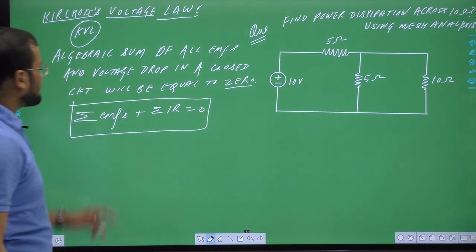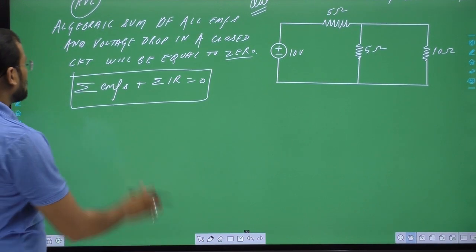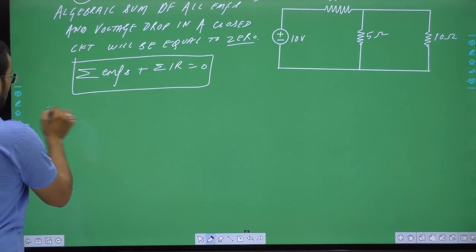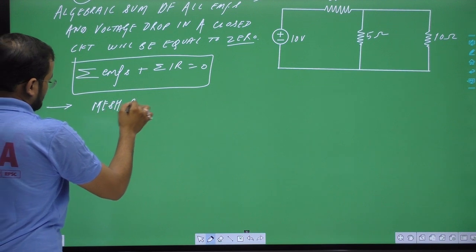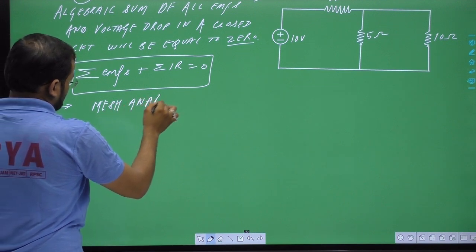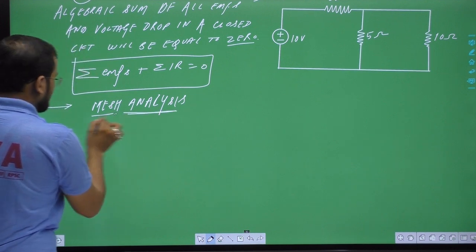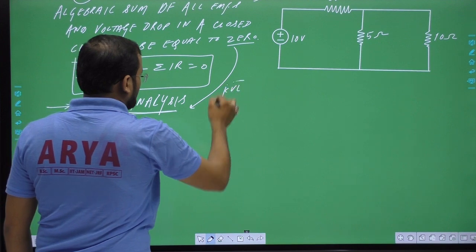So where is this KVL applied during our circuit analysis? When the question asks us to do mesh analysis, when we have to find our answer by mesh analysis, then we have to apply KVL here.